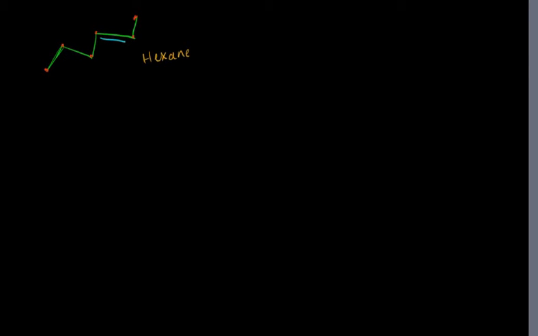This structure is going to be a hexane, sorry, a hexene, because this will be a group of alkenes, and what makes an alkene special is that it has a double bond somewhere in this structure.